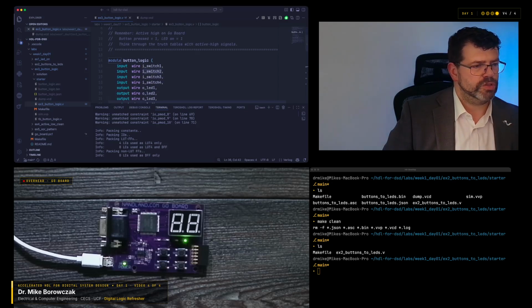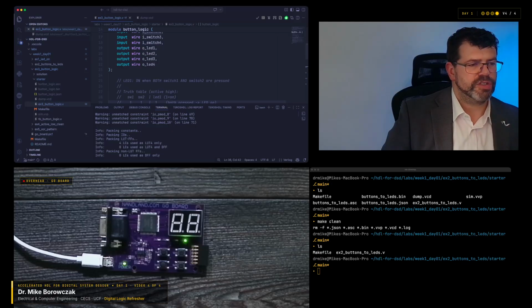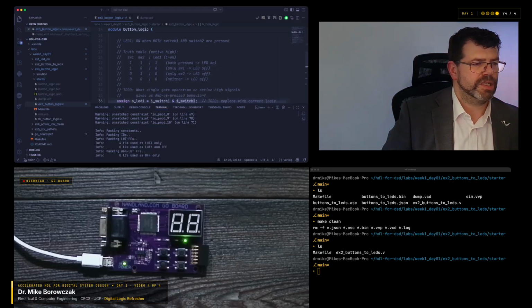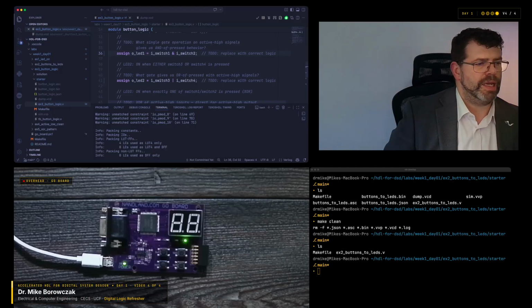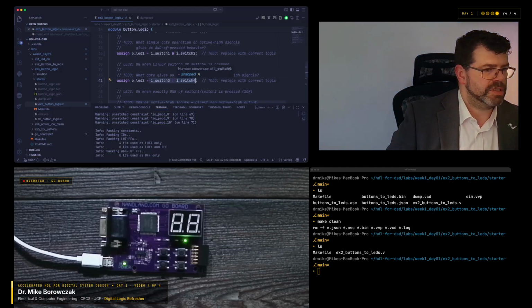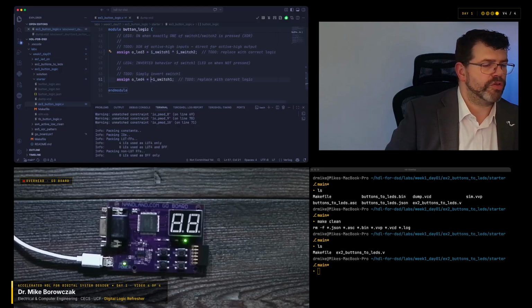Just for fun here, LED 1 is on when both switch 1 and switch 2 are pressed. So you can do an assignment of switch 1 and switch 2. You can also do other statements like OR statements, right? Or you could do the XOR between two. You can also invert them.